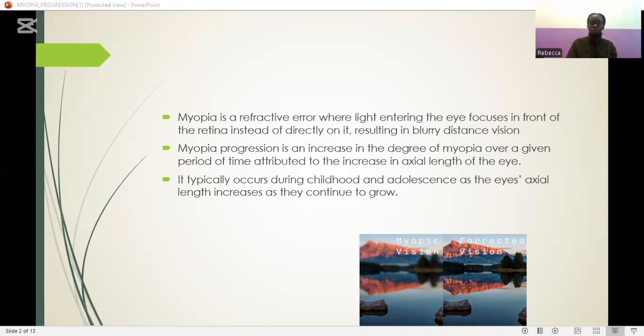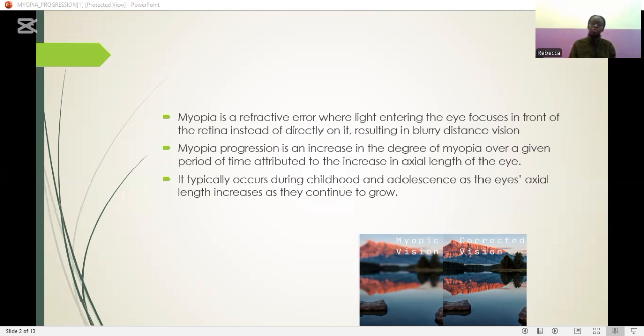We can also say that it's when the axial length of the eye increases over time. Hence, the image becomes more blurry over time. It typically occurs during childhood and adolescence, and we have the age limit at 13 years old because that's when the eye is fully grown.